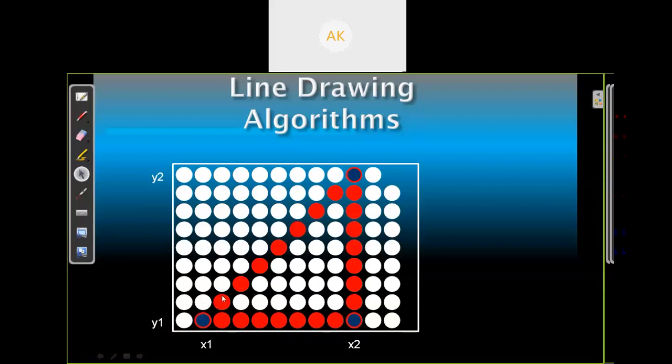What are the intermediate pixels between the start pixel position and the end pixel position? The start pixel position is x1, y1, and the end point of this line is x2, y2. We are given these 2 points and now want to find the intermediate points. How we find the intermediate points is all about the line drawing algorithm.